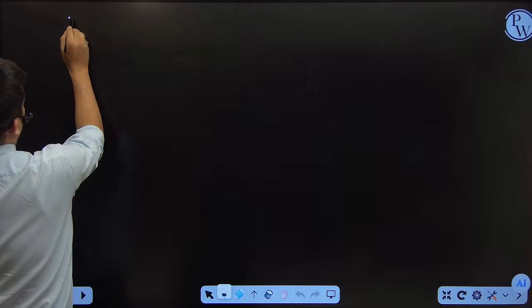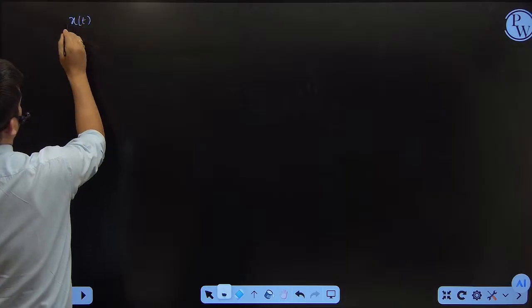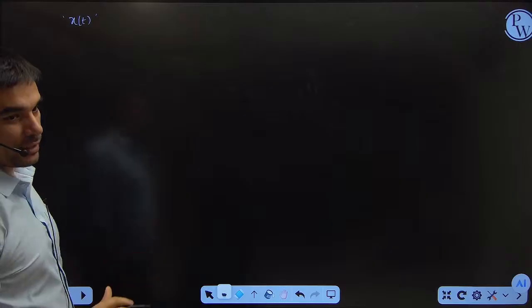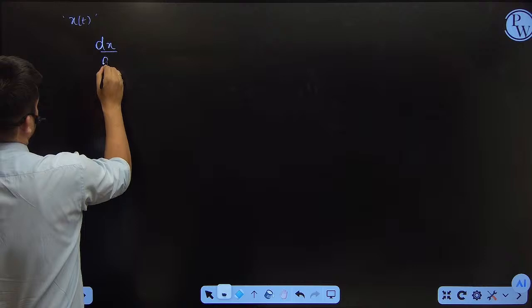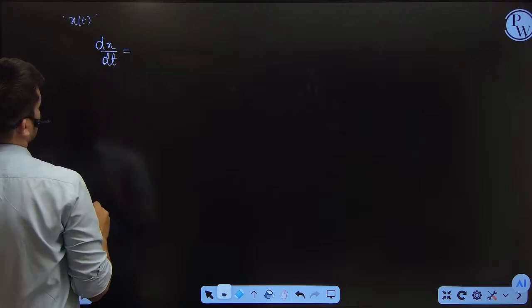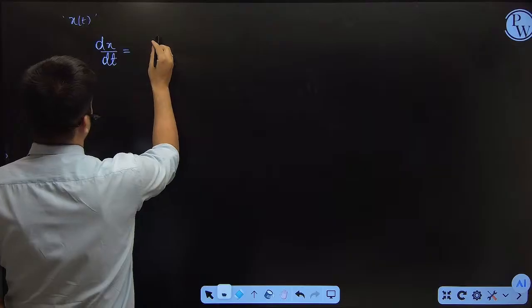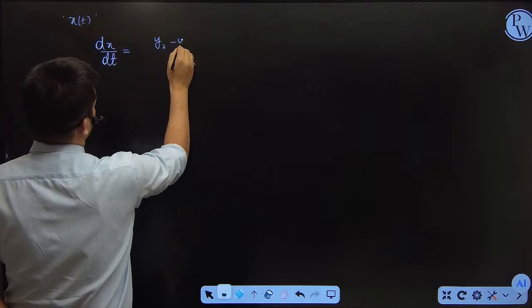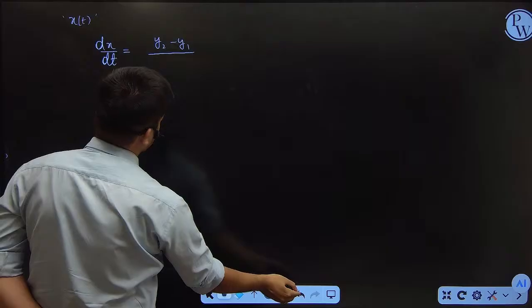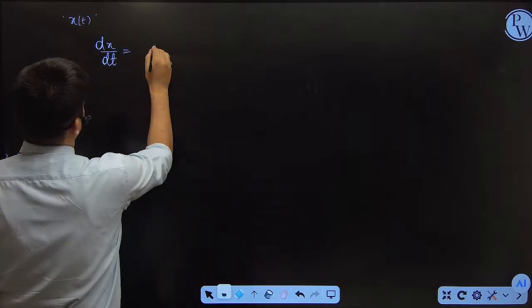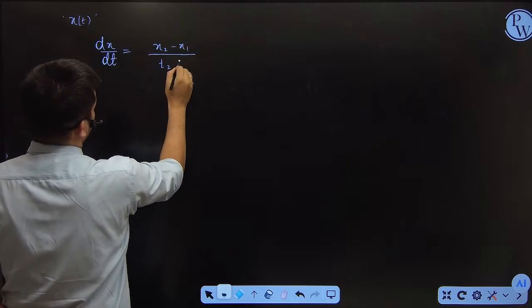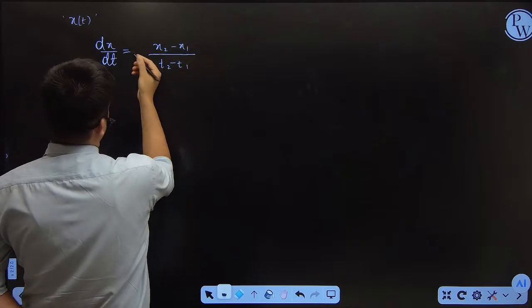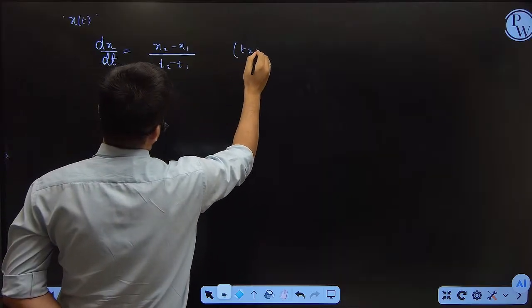Now, as we have already seen, x was actually a function of time, right? Position was a function of time in this case. So if I want to write down dx by dt, can I say that this is nothing but x2 minus x1 whole divided by t2 minus t1, where t2 is tending towards t1?